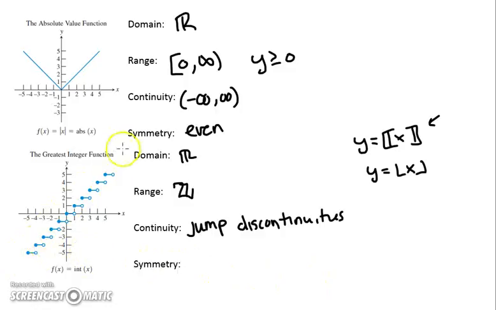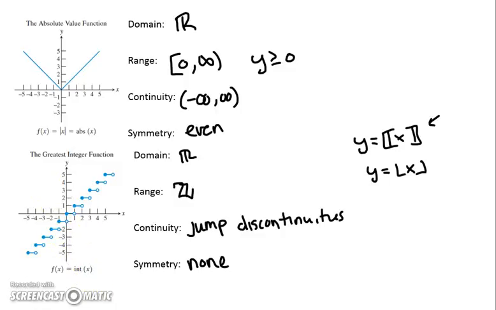And you can see, there's going to be infinitely many jump discontinuities. And this has no symmetry. It looks like it might have symmetry about the origin, making it odd, but the open and closed circles wouldn't line up correctly if you tried to rotate this around the origin.